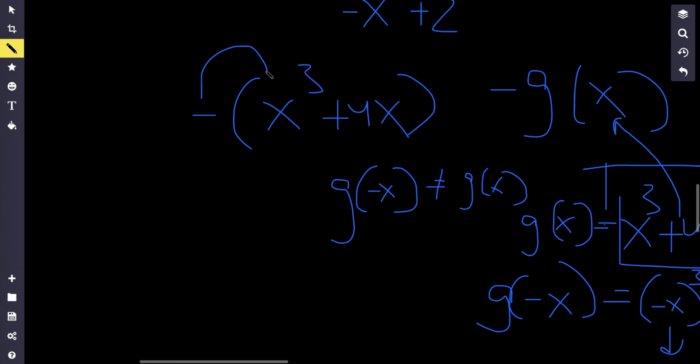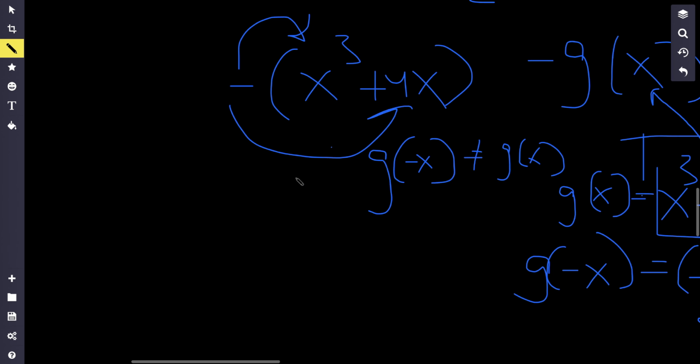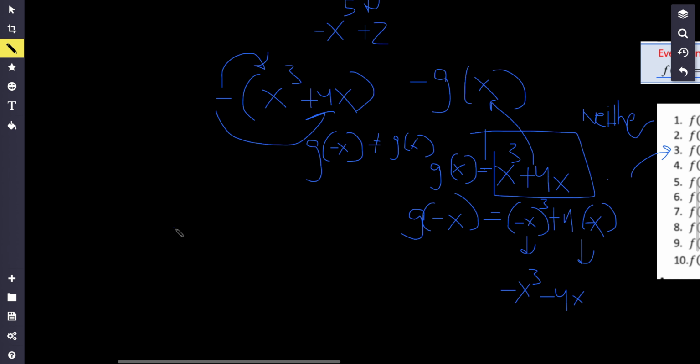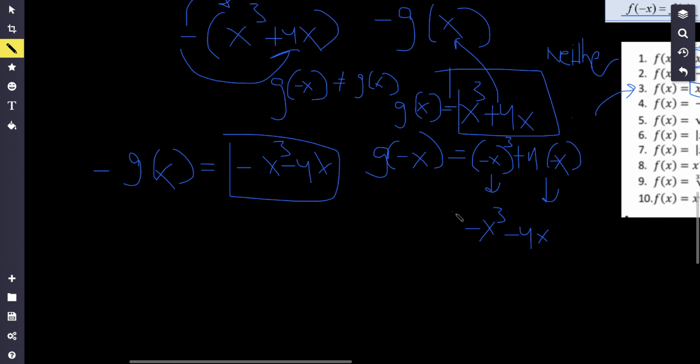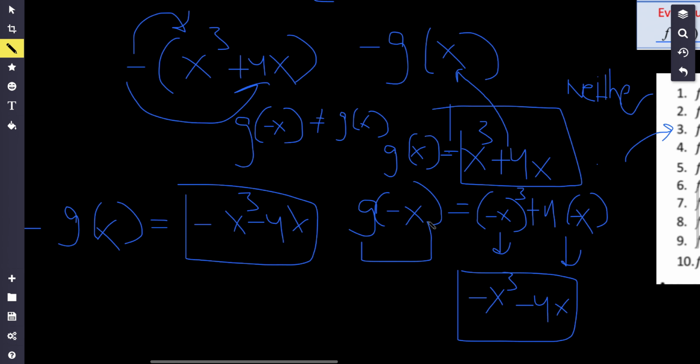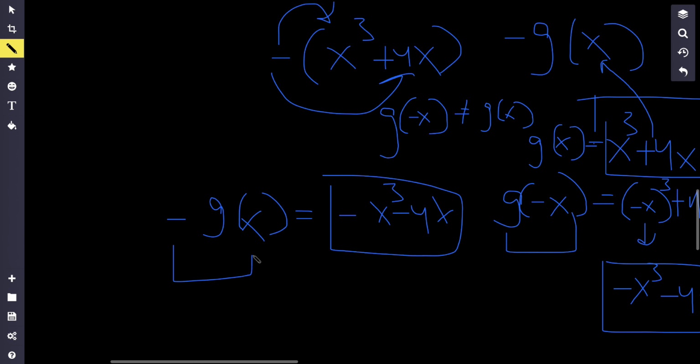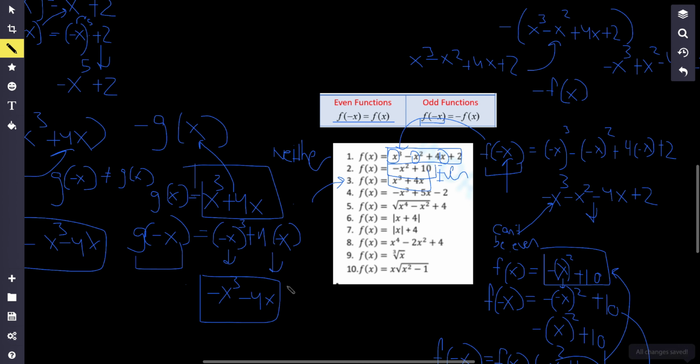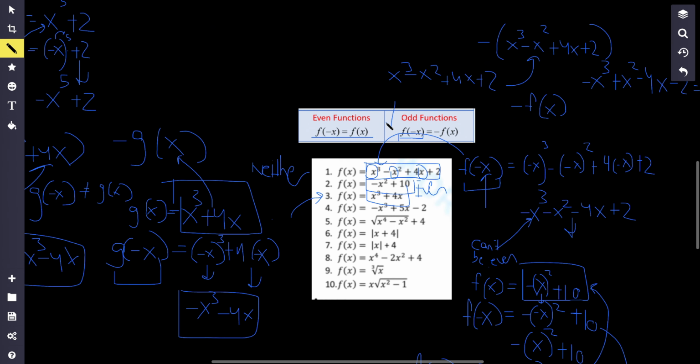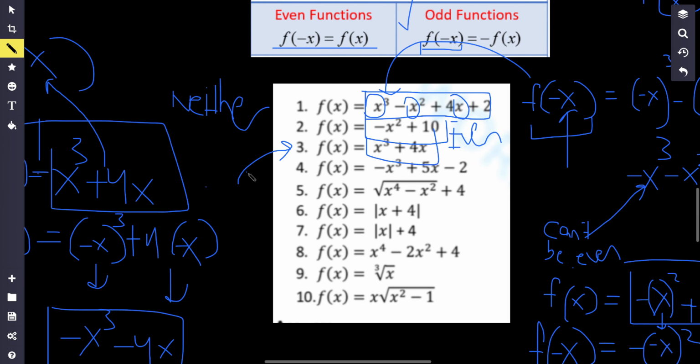And now we can distribute the negative sign so that we get negative g of x is equal to negative x to the third power minus 4x. And what you notice is that these two things match up. So g of negative x is equal to negative of g of x. Therefore, this function is actually odd. This function is odd.